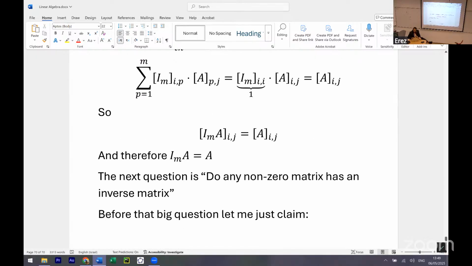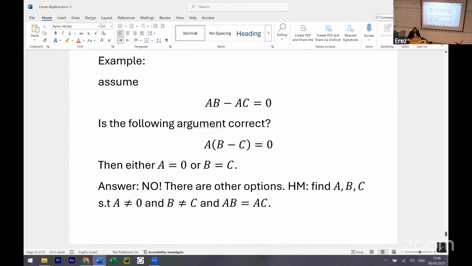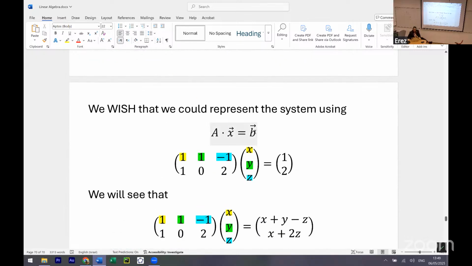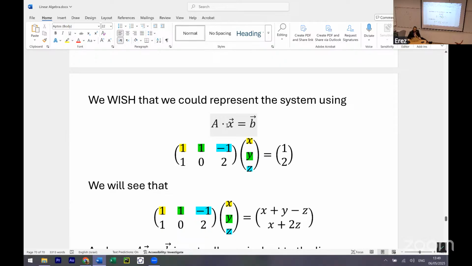Hopefully we saw, and I just gave it as an example, not in general, but I hope you believe me that in general it works: every linear system of equations is equivalent to a product of the coefficient matrix by the variables vector, equal to the constants vector.